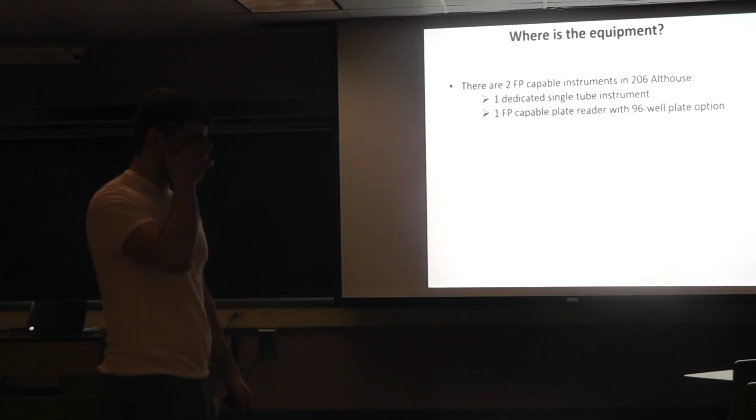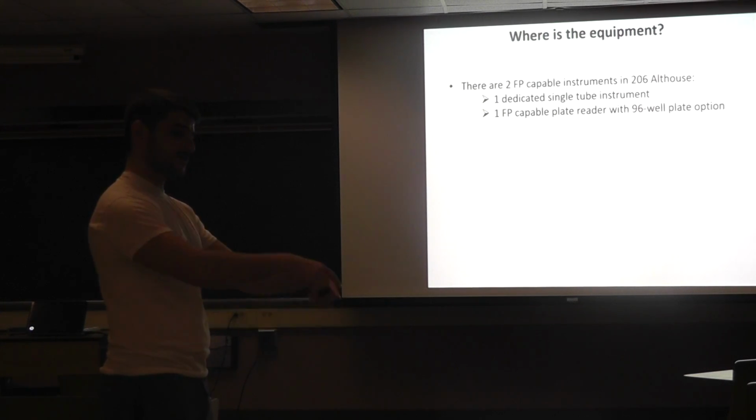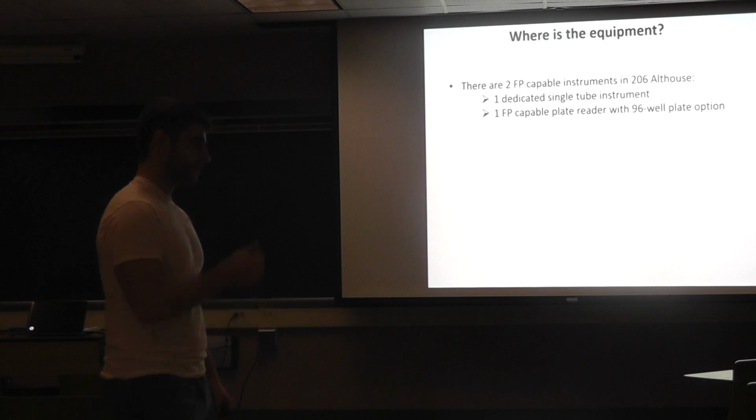I just know people have a problem with, let's say you have a 96 well plate, there might be some errors associated with the outermost wells. The advantage of doing the single tube experiment is when you're doing global analysis. If you're measuring everything all at once and there is an error associated with the equipment, everything is going to have an error.